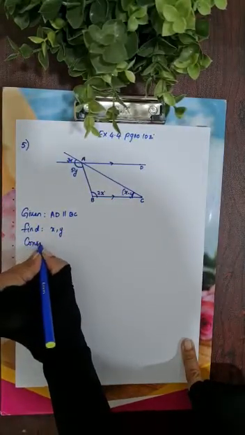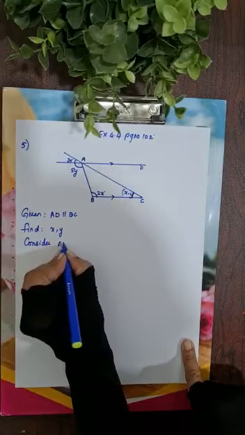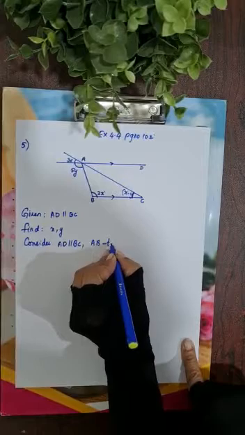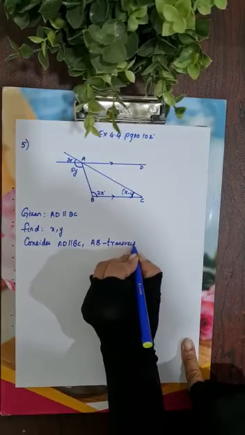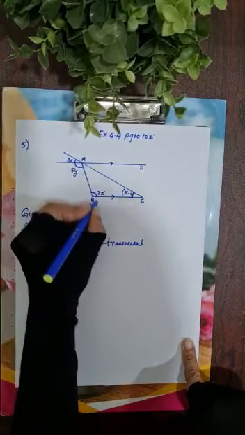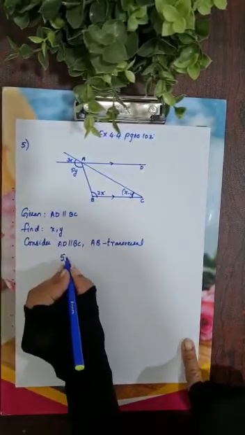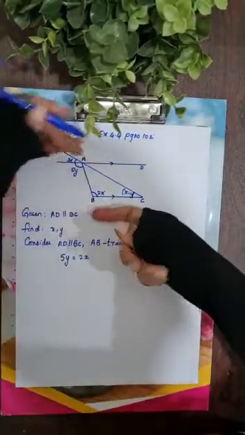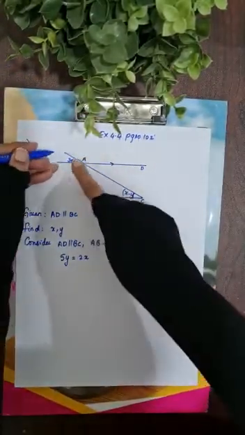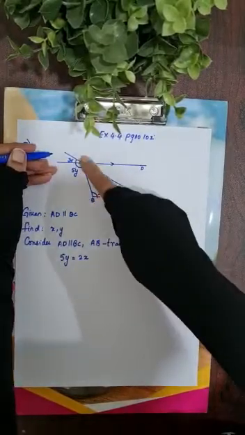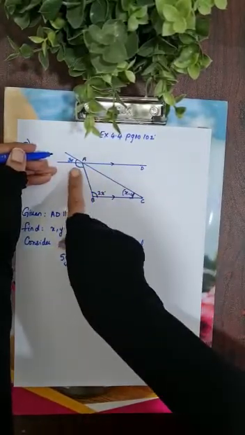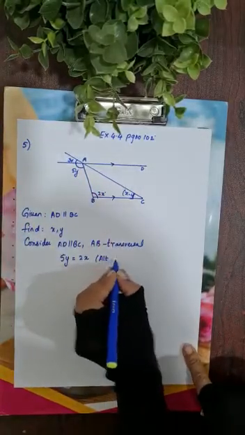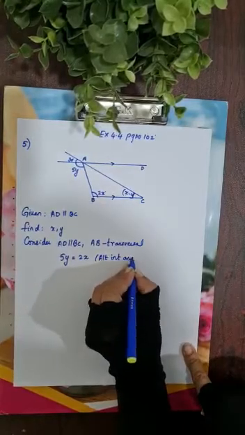So now let us consider AD parallel to BC and AB is the transversal. Now, in such a case, 5y is equal to 2x, and the reason is alternate interior angles.